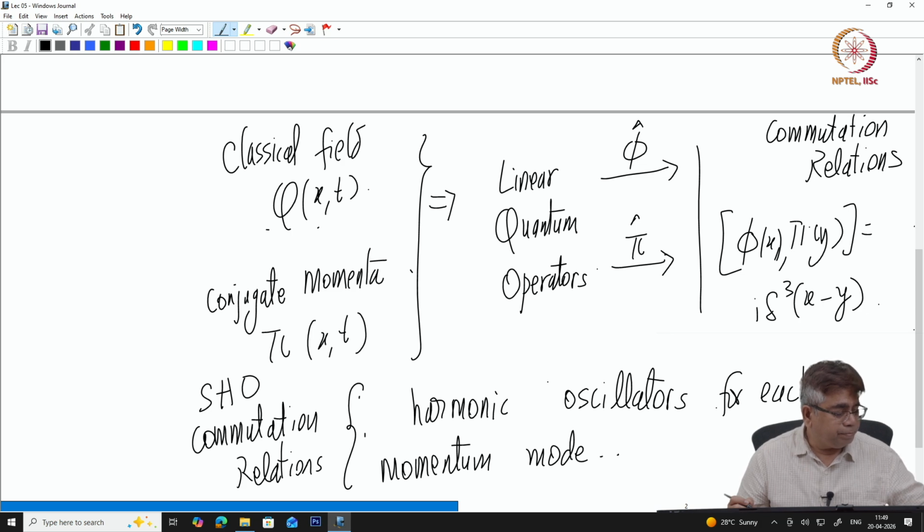Each of these commutation relations tells you this is a particular particle essentially. Each state is a particular particle.